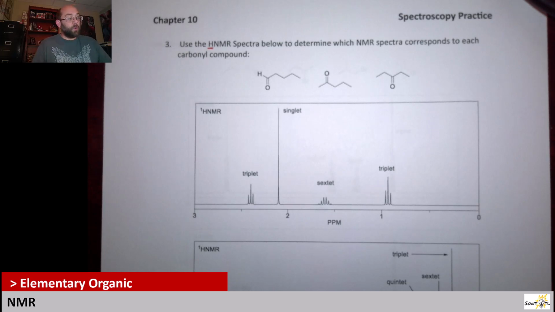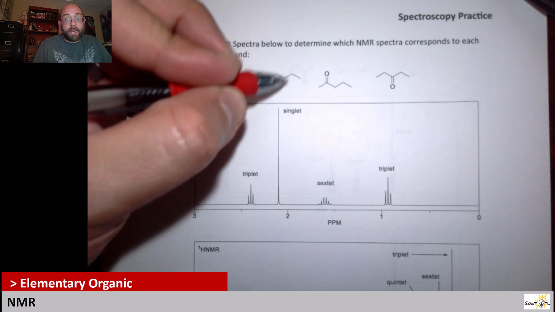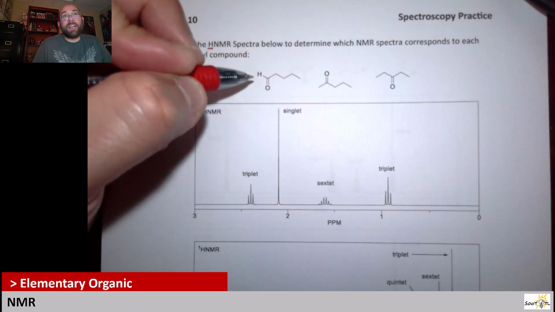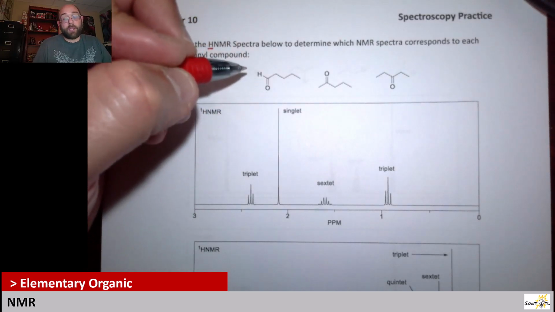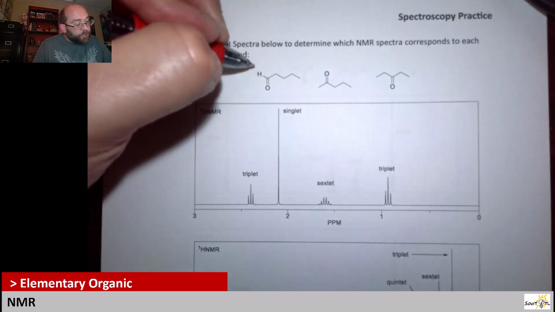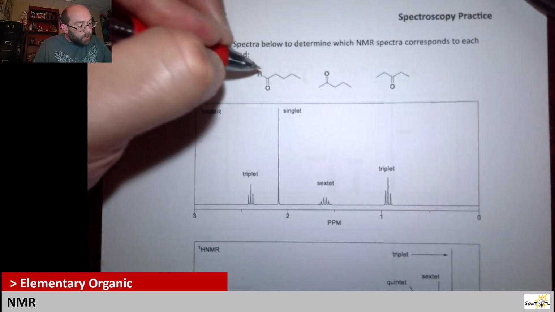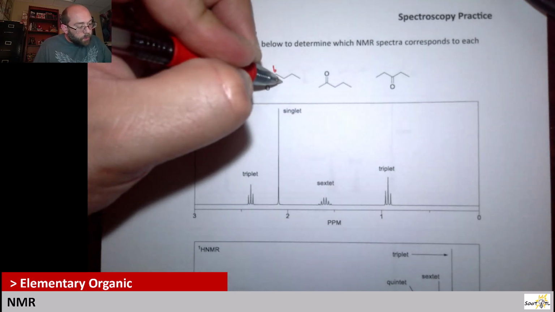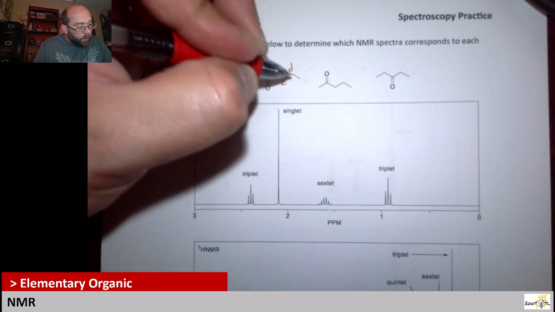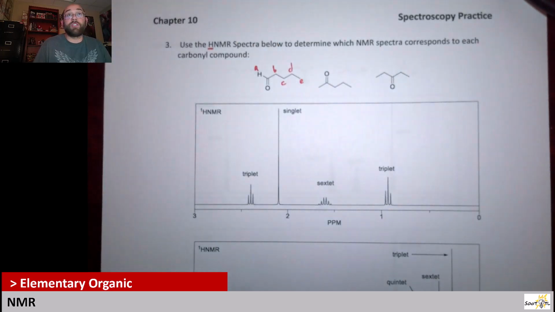For instance, in this first one I can't see anywhere where there's symmetry about the molecule, so there should be 1, 2, 3, 4, 5 different signals, because there are 5 different sets of protons or hydrogens.